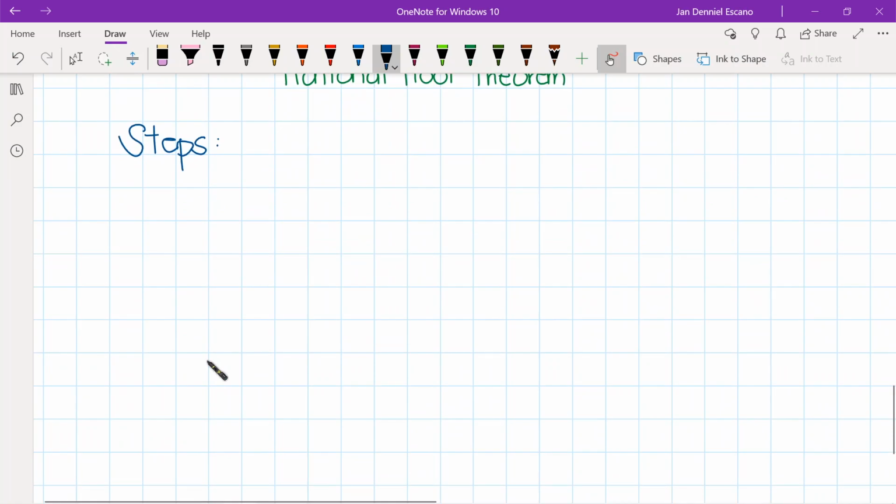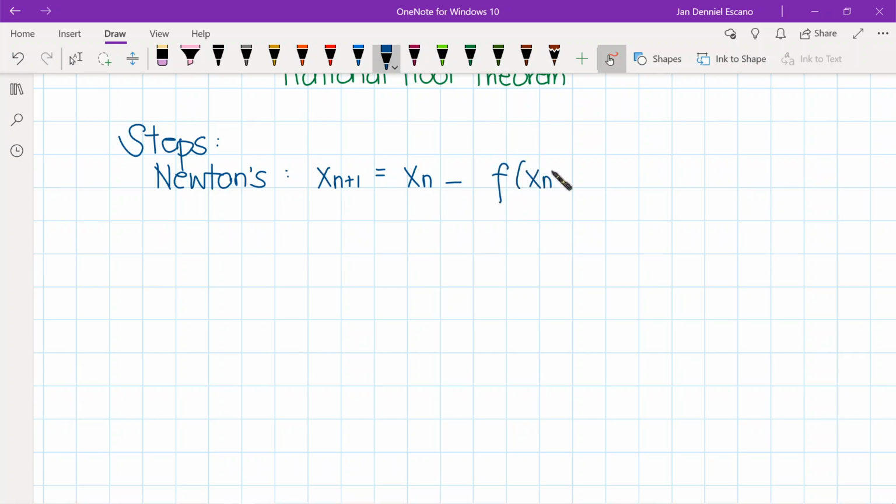So these steps are simple in using Horner's method, because we know that in Newton's method, x of n plus 1 is just x sub n minus the f of x sub n all over f prime of x sub n.